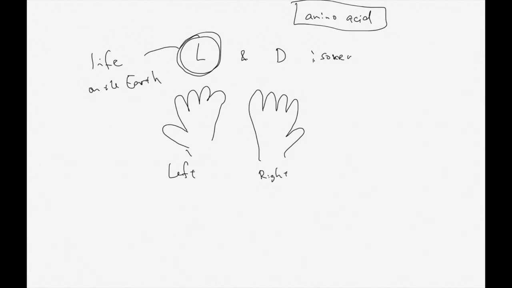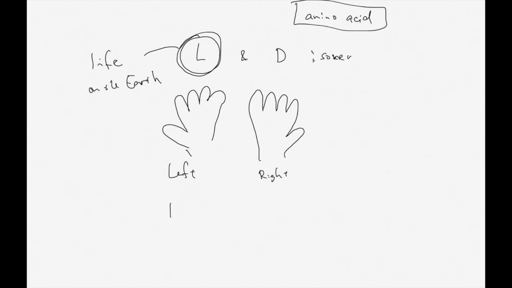Enantiomers have the same chemical properties, and the same amount of each enantiomer is synthesized in chemical reactions. Racemic mixtures contain equal amounts of L and D amino acid. The amino acids discovered in the Murchison meteorite are racemic mixtures and different from the amino acids on the Earth.